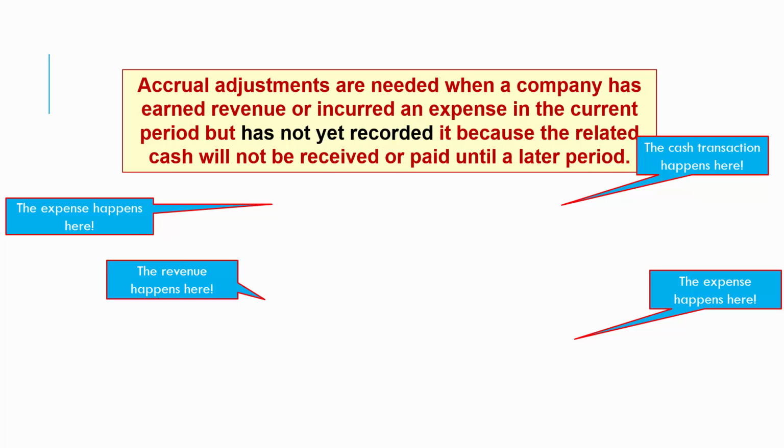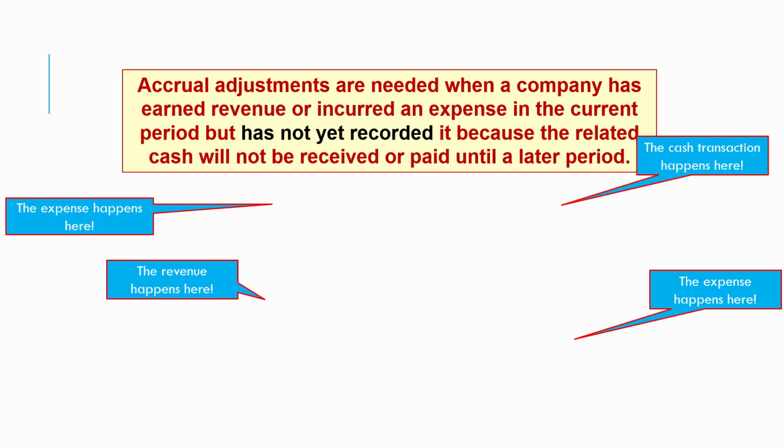The opposite of a deferral is an accrual. Again, I want you to focus in on these, on revenue and expense. Accrue means you want to record it. You have to record it now. So you want to accrue, you want to put it in now.